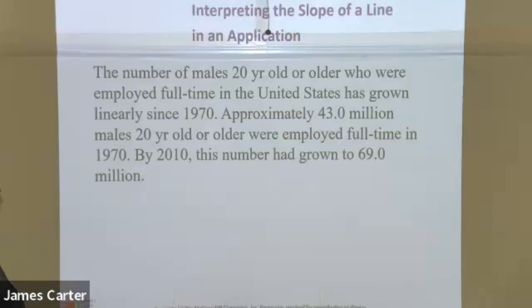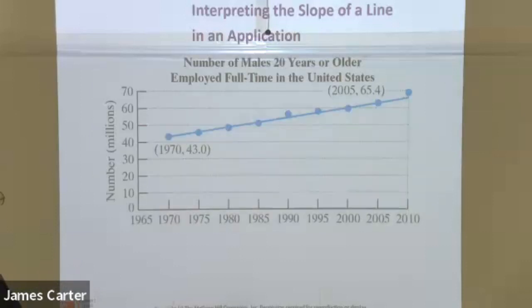Slopes can be used for predictions. The number of males 20 years or older who are full-time workers has grown since 1970. Approximately 43 million then. By 2010, it grew to 69 million. Here's a graph of this.